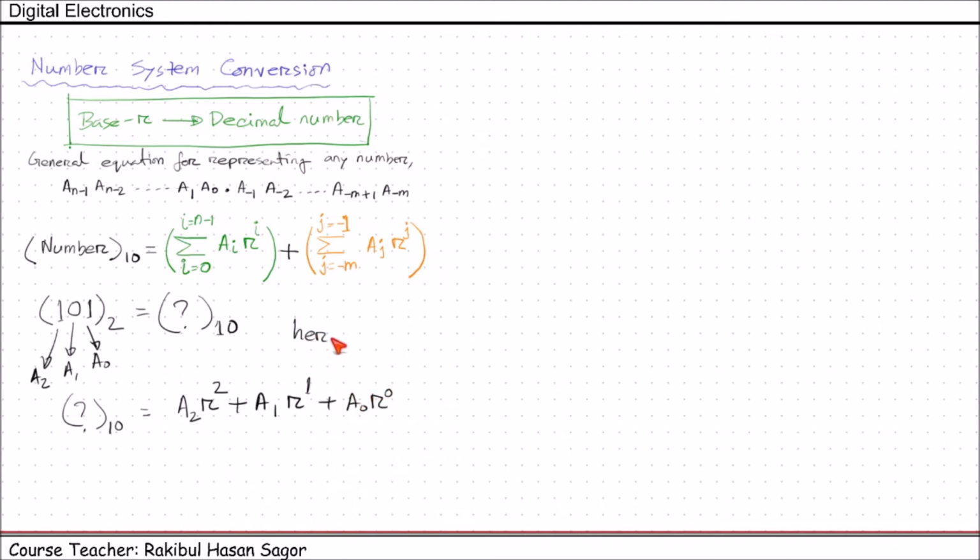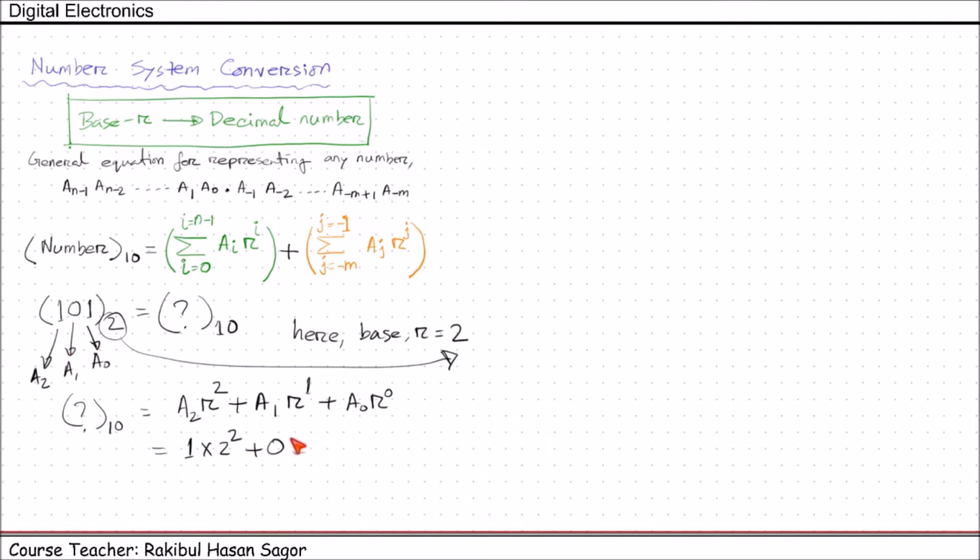Here the base R equals 2, so we are putting R equal to 2. If we put in the values, what is the value of A2? A2 equals 1. So 1 into 2 squared plus, what is the value of A1? A1 equals 0.